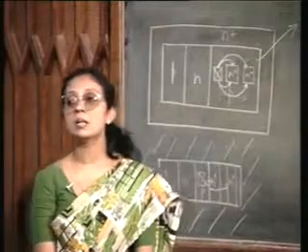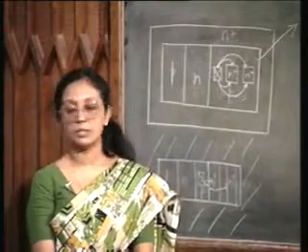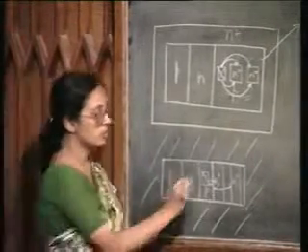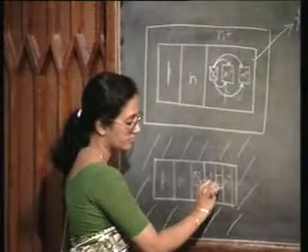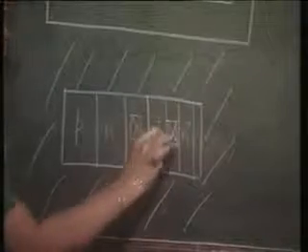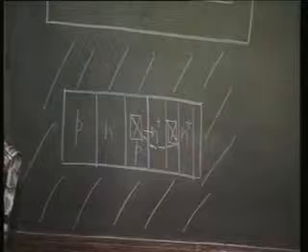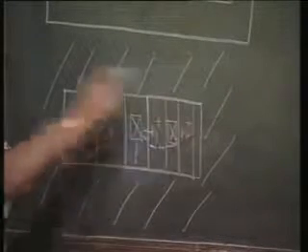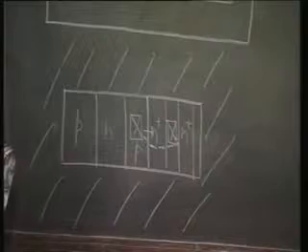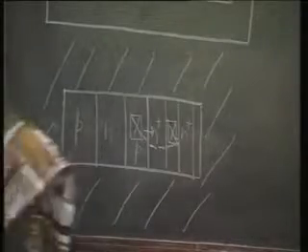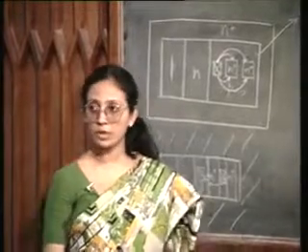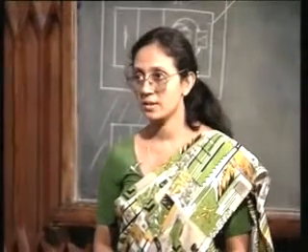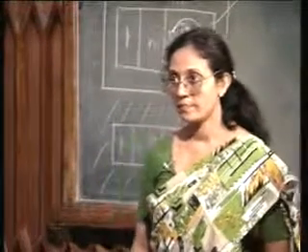So, what is the solution? The solution is to have multiple base contacts. One base contact here, another base contact here, another base contact here, so that the current in all cases flows through equal resistance paths. Okay?